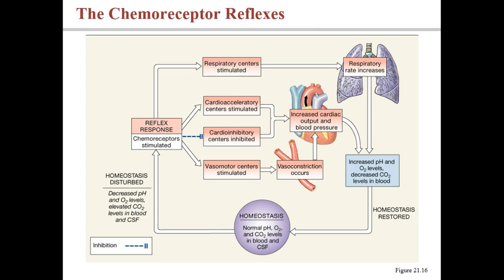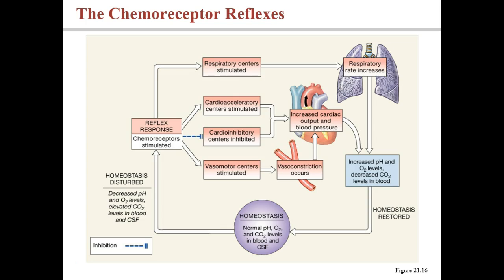Here's one for the chemoreceptors. Won't go through all of it again, but what you have is a decrease of pH, I guess that's what this one is showing you. And then what's going to happen is you have a decrease of pH and oxygen levels, and elevated CO2. As soon as you see that elevated CO2, you know that the respiratory rate is going to get increased.